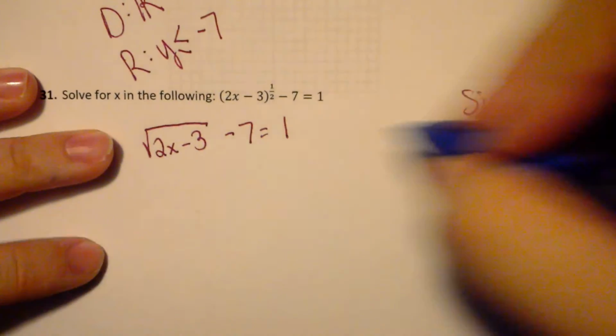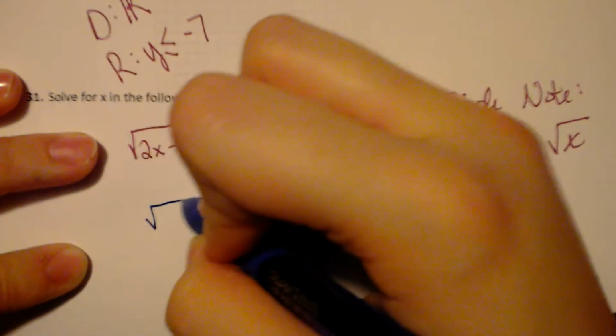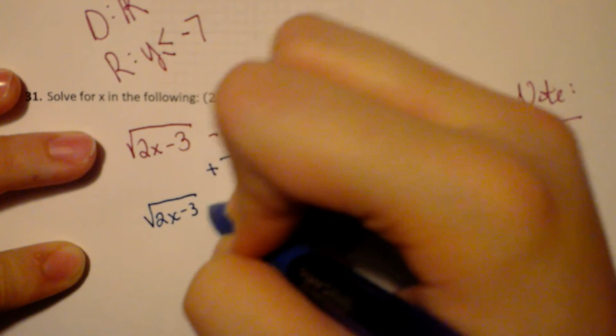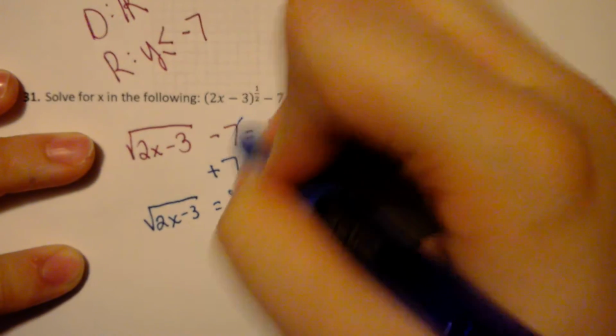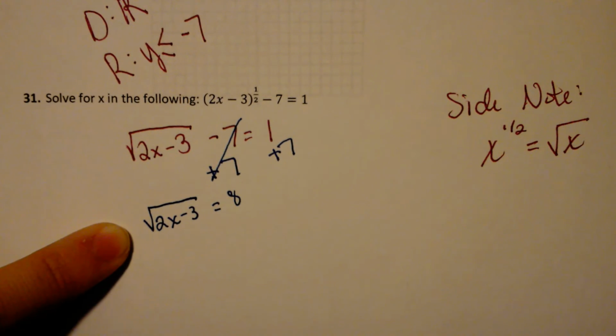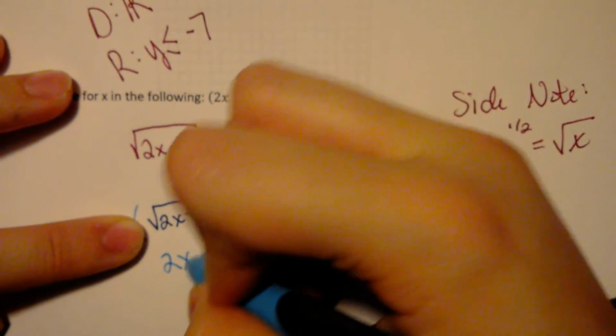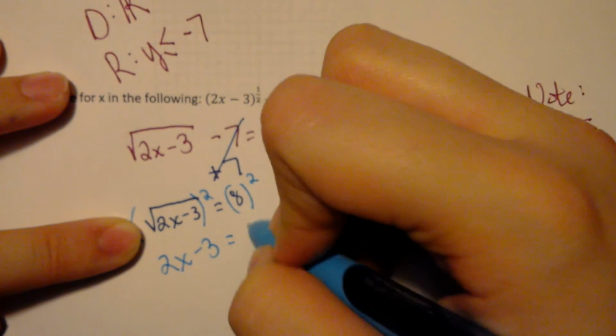for this class. So I'm going to add 7 to both sides, and I get the square root of 2x minus 3 equals 8. So my square root is isolated. So I'm going to square both sides. And I get 2x minus 3 equals 64.